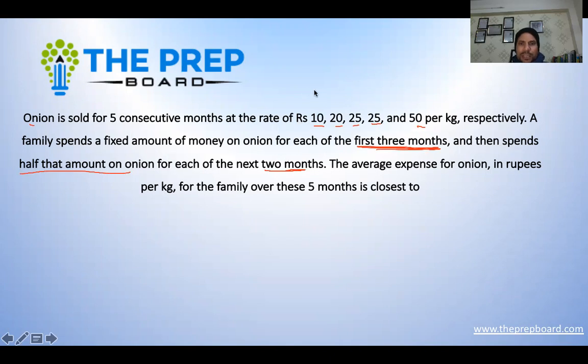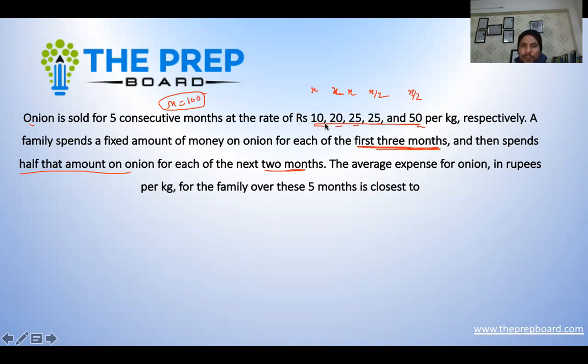So in general we take X amount for the first 3 months and then X upon 2 for the next 2 months. I'll prefer the value of X as 100, because 100 is a multiple of all these given numbers. So if we take X equals 100, let's see how the results turn out.